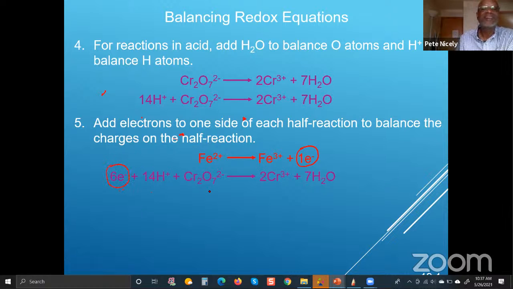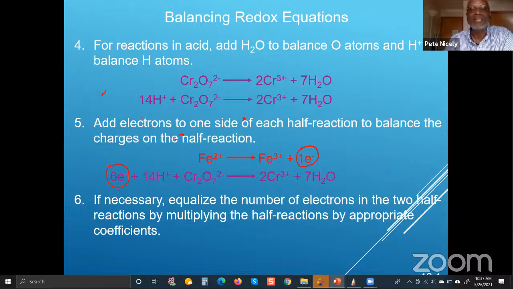So obviously, we need to do something to ensure that the number of electrons lost and gained are the same. Basically, we need to multiply either one or both half equations by the appropriate integers in order to achieve equality in the number of electrons lost and gained.